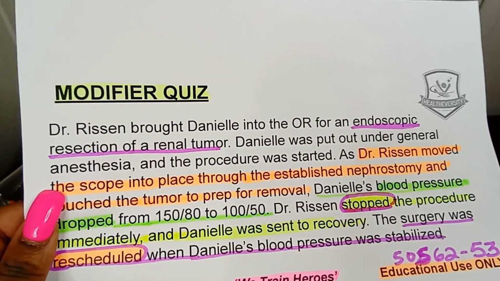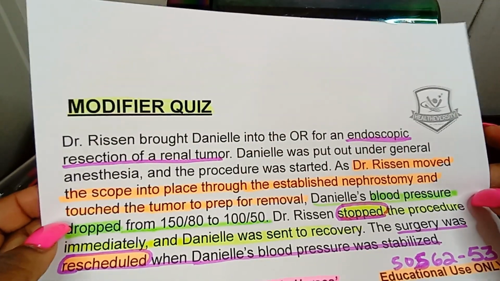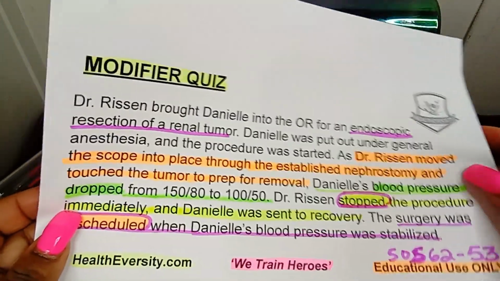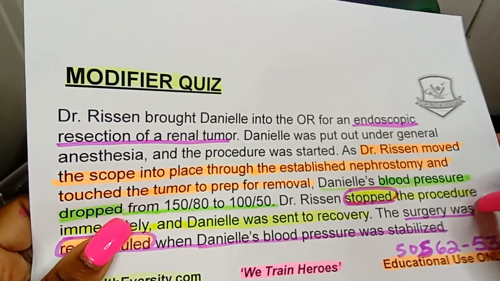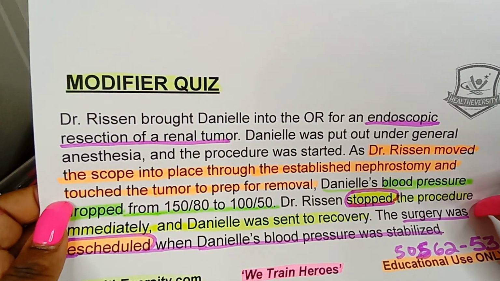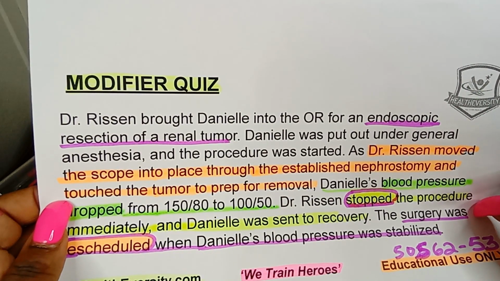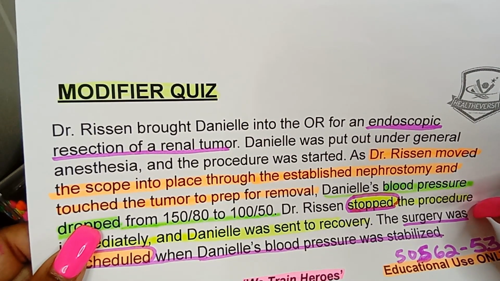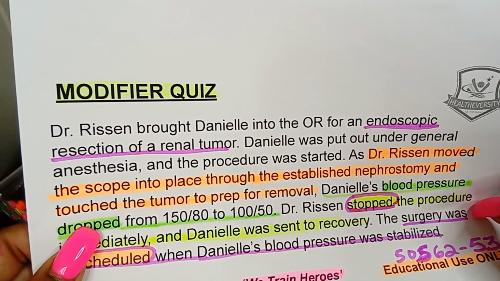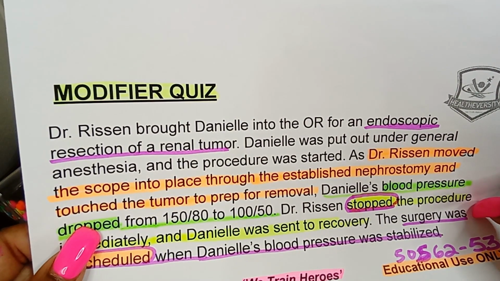All right, let's jump right into the quiz or an example. I have the answer down here. Dr. Rezin brought Daniel into the OR for an endoscopic resection of a renal tumor. Daniel was put under general anesthesia and the procedure was started.